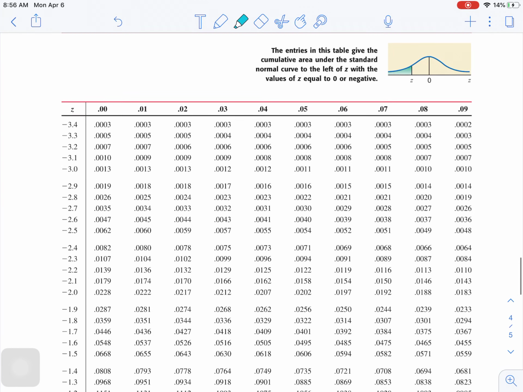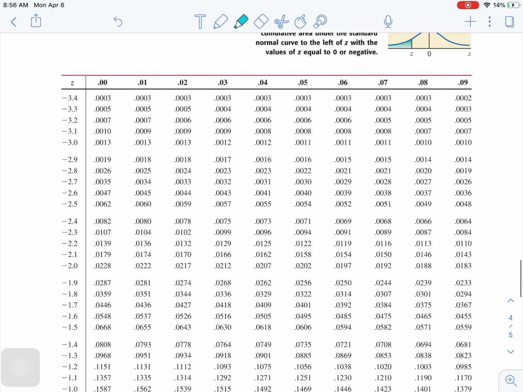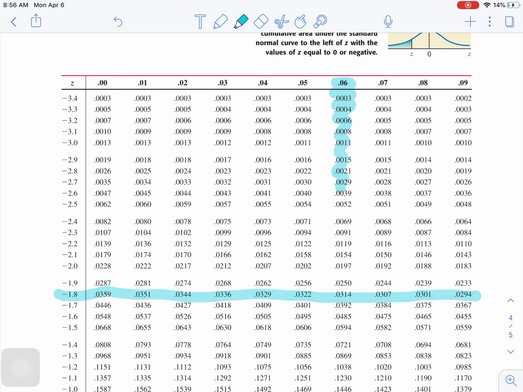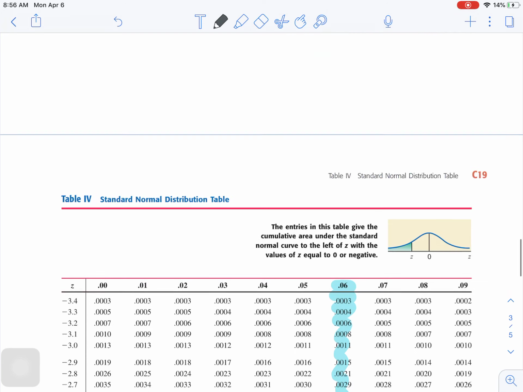So to find the area to the left of -1.86, I go to the row corresponding to -1.8. I want -1.86, so I go to this column, and therefore the probability that Z is less than or equal to -1.86 is 0.0314.